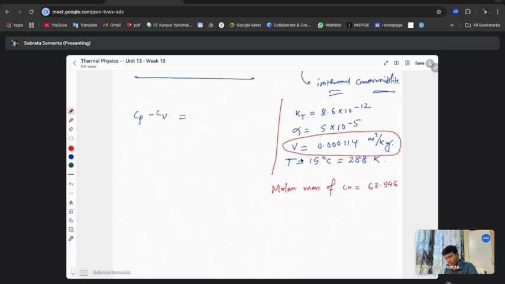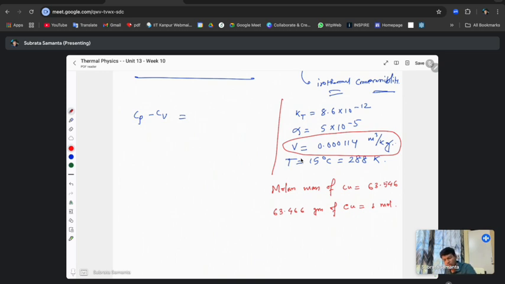So therefore, 63.546 gram of copper equals 1 mole.